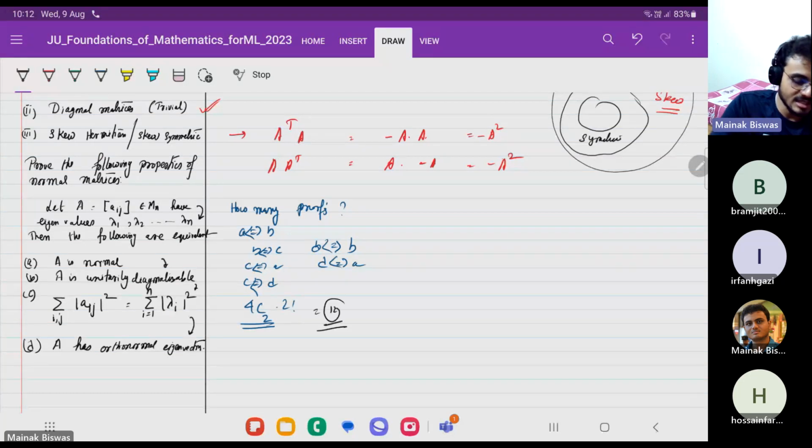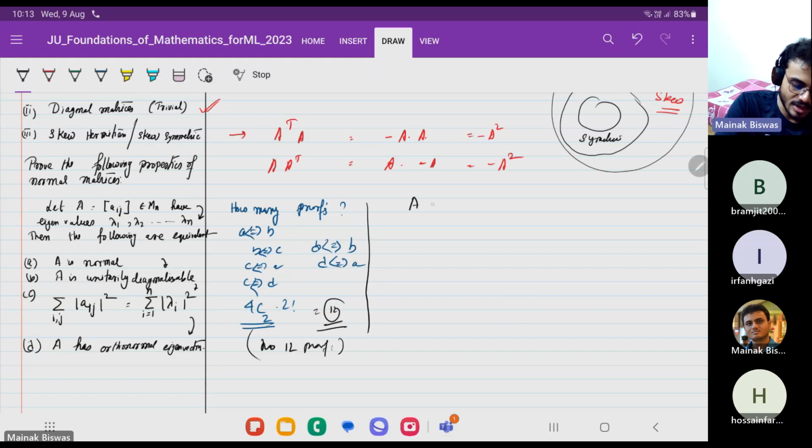Can you tell me an easier way? I don't want to do 12 proofs. So this is a question of logic and not maths. I'll show only 4 proofs and I'll still be able to do it. How can I do that?